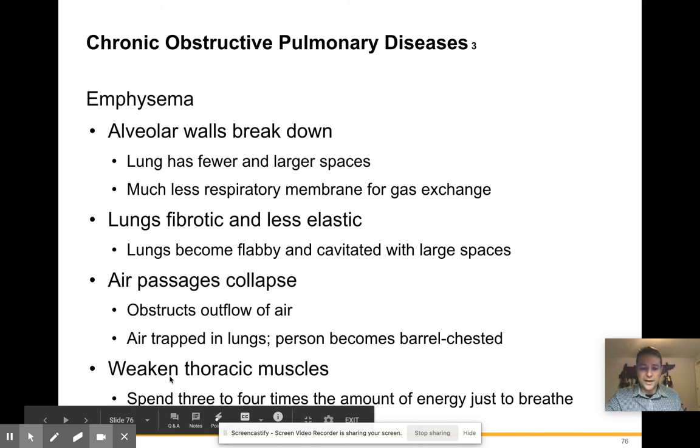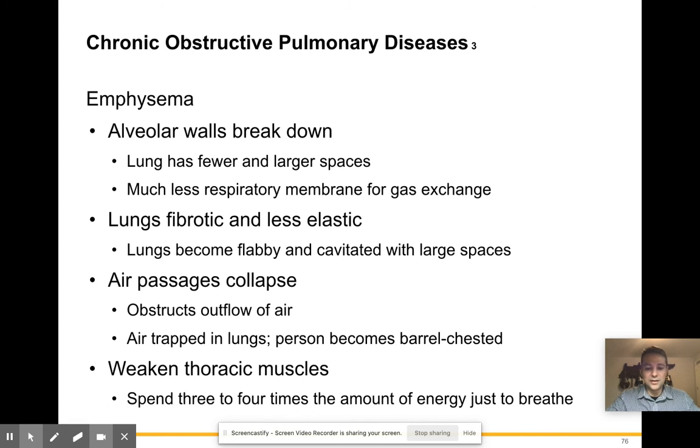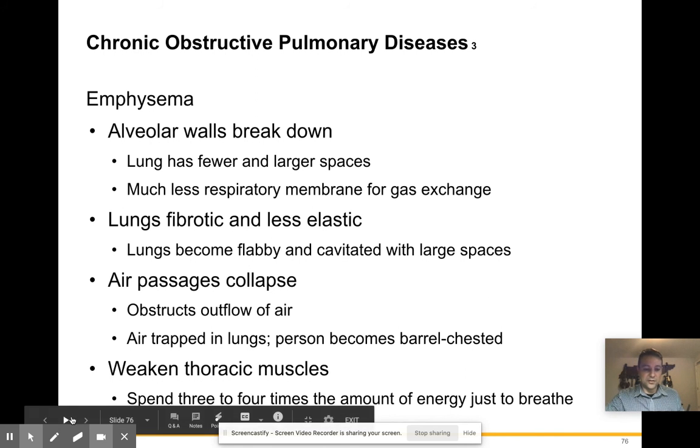And someone who has emphysema is going to have to use much more energy, much more time to exhale and inhale than someone who does not have emphysema, because their muscles are weakened and they're going to have to use a lot more energy, a lot more force. And when you're weakened to begin with, you're kind of lacking on force and energy. So your breathing becomes very, very labored.